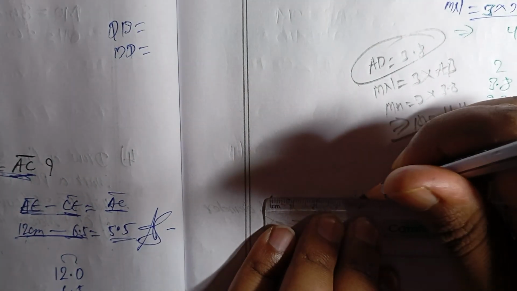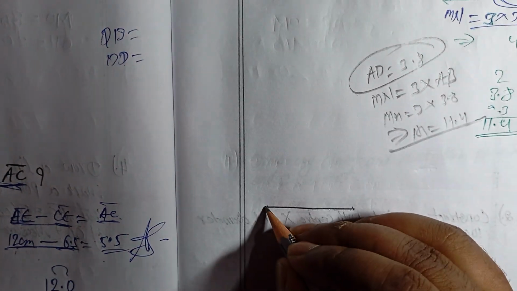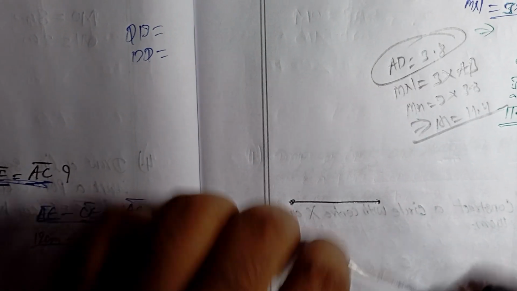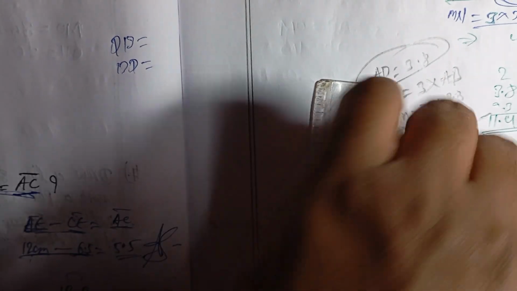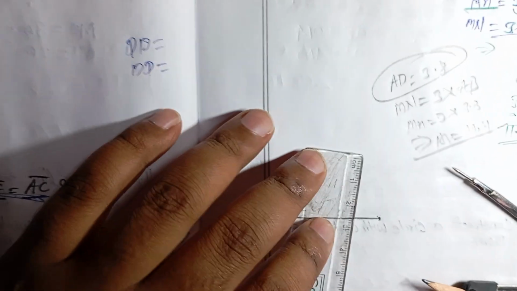Okay, now let's continue this. So this is the total. If you don't believe it, then let's see. Now how much do we have to take? AB is 3.8.